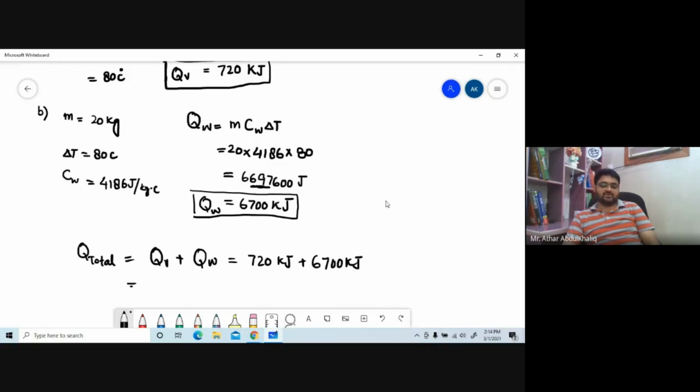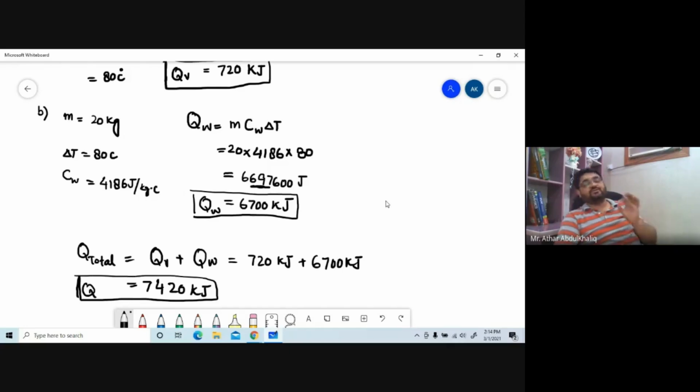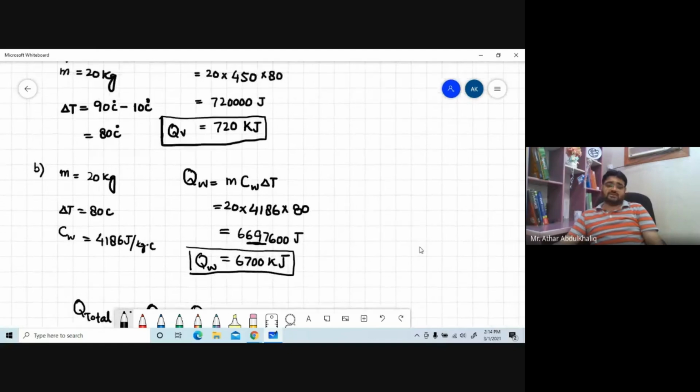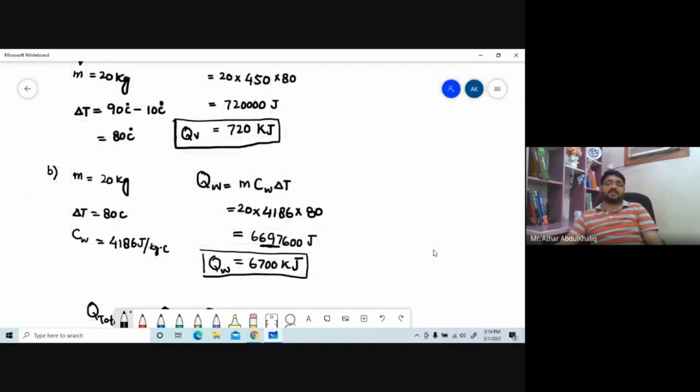So the total amount of the heat required becomes 7420 kilojoule of heat. So this amount of heat is required to raise the temperature of the vat filled with the 20 kilogram of water. Now, I just want to focus on these two results.